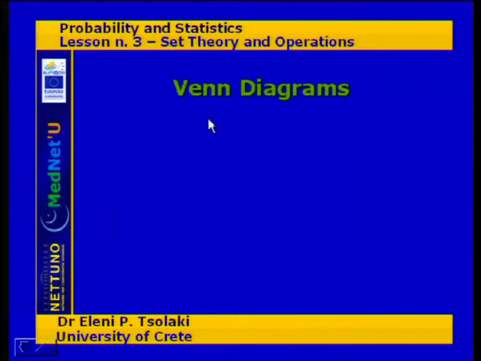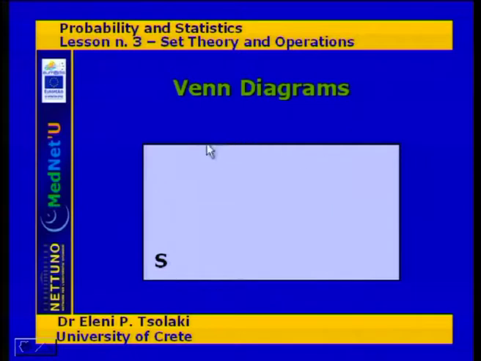So, we start with Venn diagrams. These diagrams we are going to use for the graphical representation of the sample space and the events are called Venn diagrams. We start by representing our sample space by a rectangle shown in the light blue color.